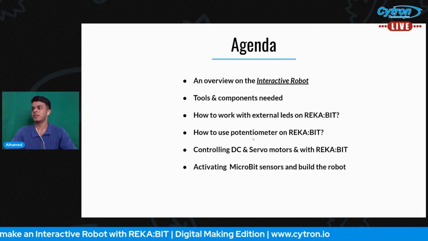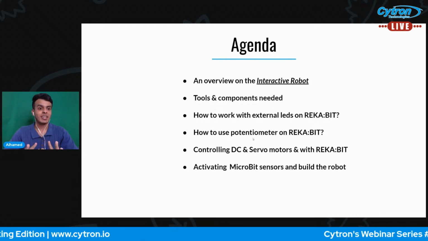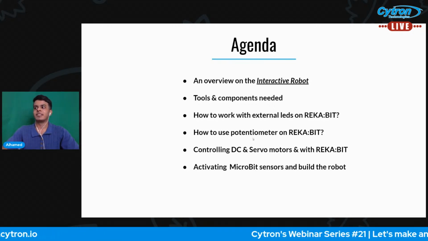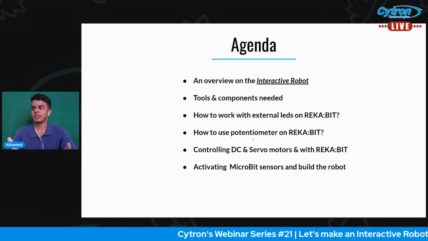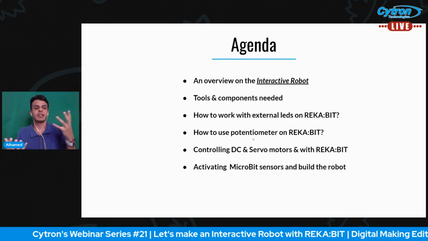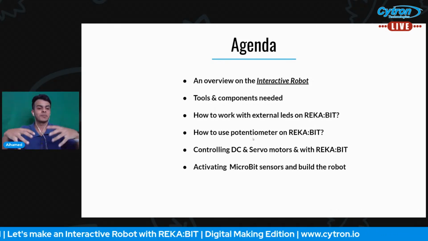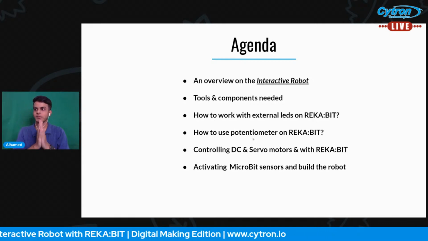After that, we will go through controlling DC and servo motors with REKA bit. In the last section, we will combine everything we learned, connect it to the sensors on the micro:bit, and build the robot together.